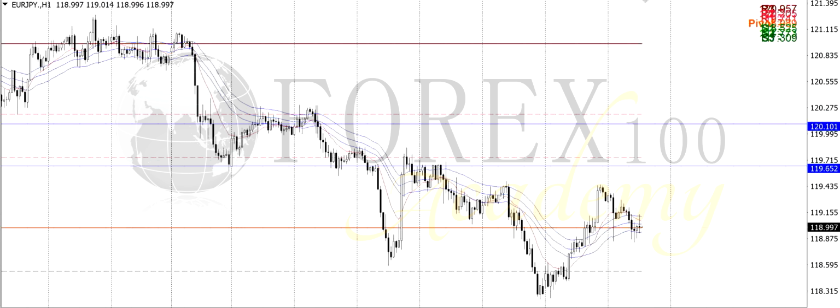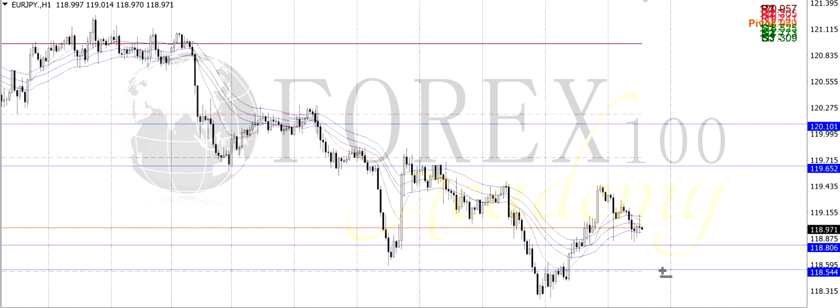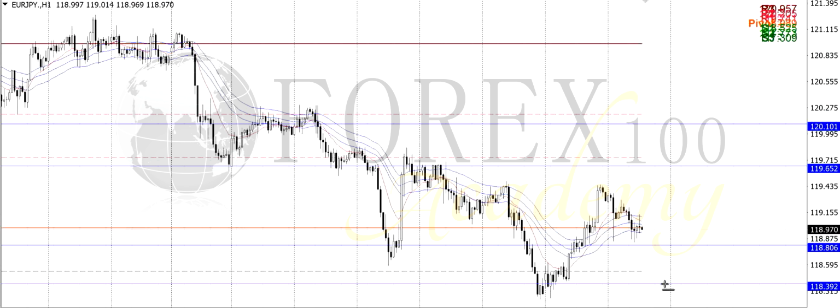Target 1, 118.80. That'll be this price over here. That will bring you to 85 pips of profit. Very good reward over risk ratio profile. Target 2 is 118.40, which is somewhere near the previous low.